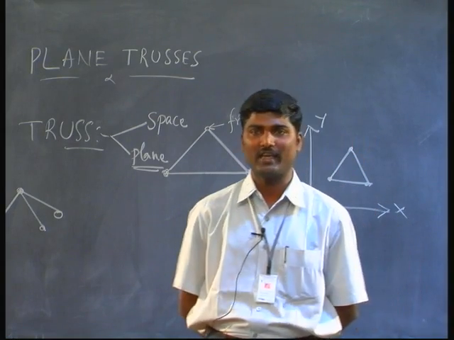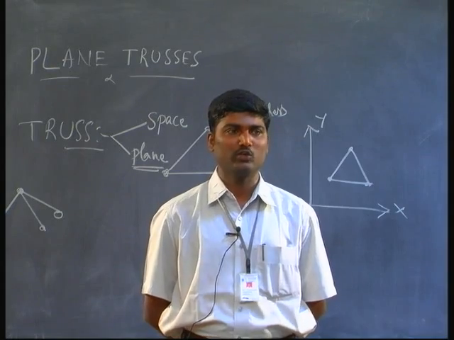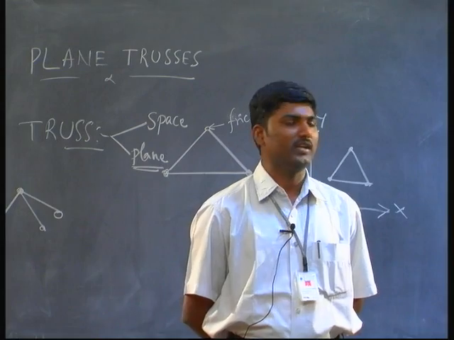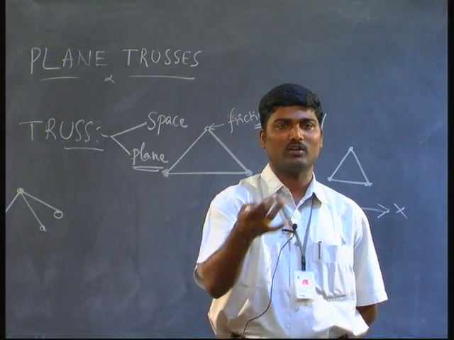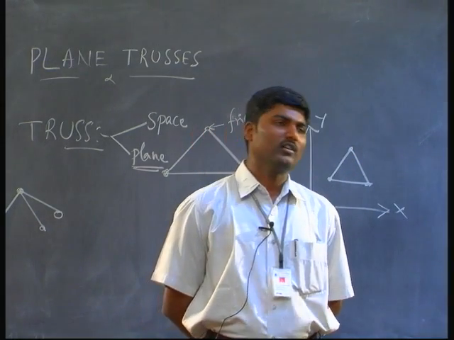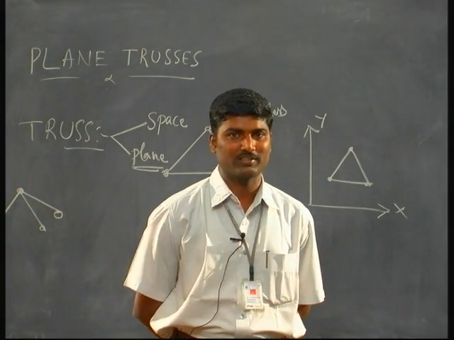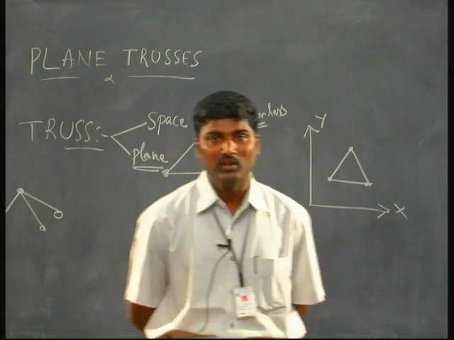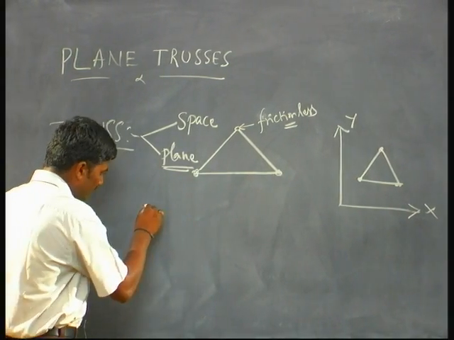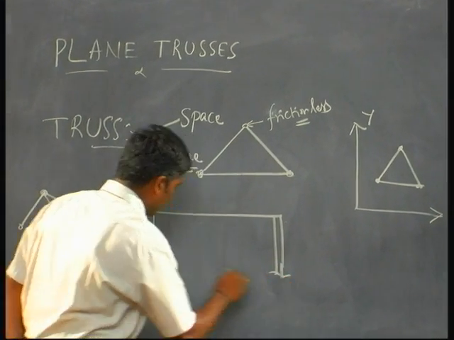Just for the introduction, before we start the analysis, let us see what the use of the plane truss is. We generally in our buildings will have beams, columns, slabs, foundations or footings, as you call them; all these are the building elements. Why do you want to go for trusses? Let us say this is one of the cross sections of the building.